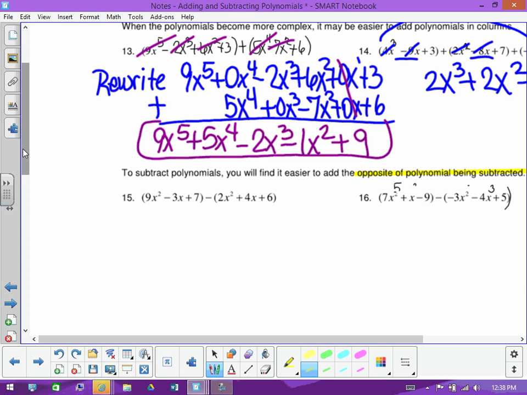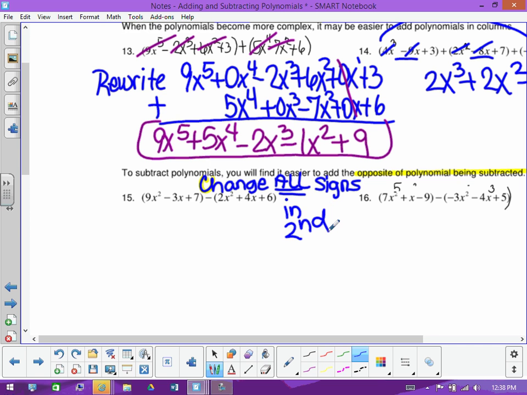Right over here on the top, I want you to write: change all, underline it, signs in the second polynomial.